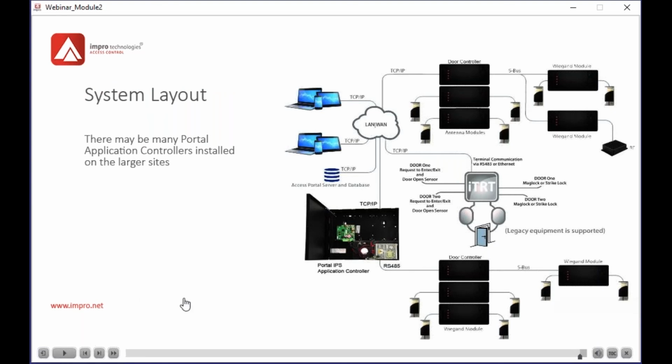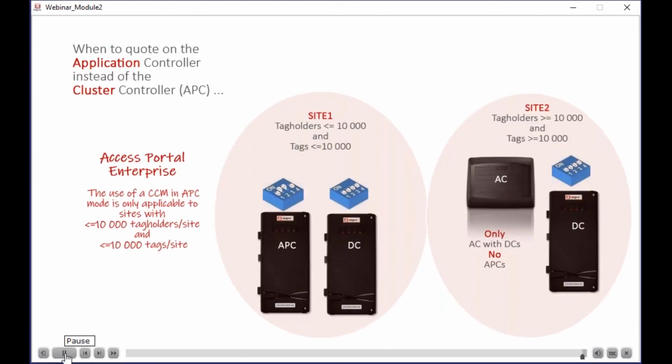When we look at the system layout, you can have multiple application controllers on your large sites. When would you then code for the application controller instead of the cluster controller in APC mode? We're going to look at a site example with two different sites. Site 1 has less than 10,000 tag holders and less than 10,000 tags.